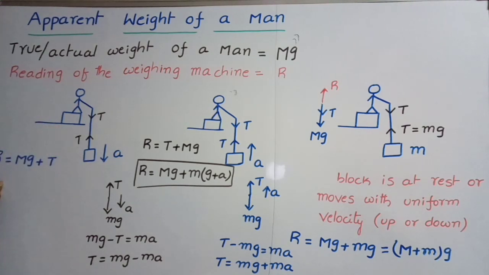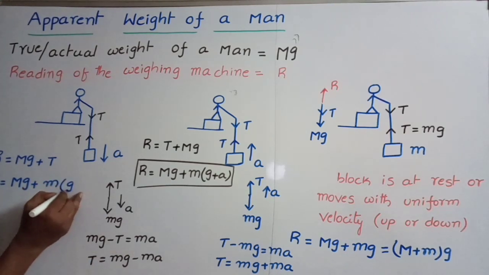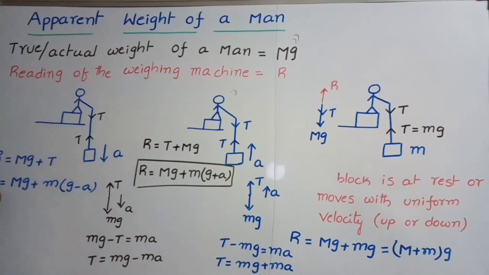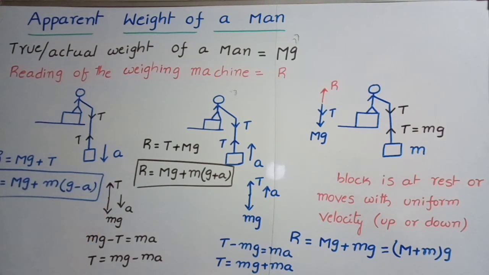So here R is equal to mg plus m into (g minus a). This is the reading given by the weighing machine. In these three cases, if you observe, the reading given by the machine is greater than the true or actual weight of the man.